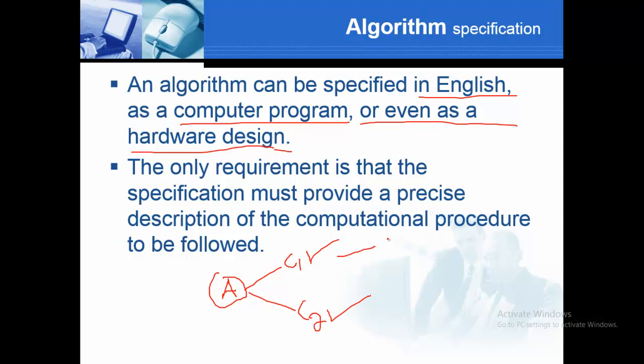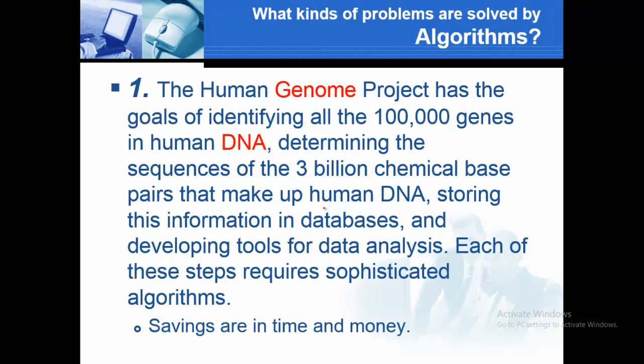For example, one is a very good computer and one is a less good computer, so both will run the same algorithm differently. The only requirement is that the specification must provide a precise description of the computational procedure to be followed. It's very important. Whenever you are writing an algorithm, you must specify that on this PC with this specification it will take this much time, and it will deal with that hardware like this. So you need to specify this while writing an algorithm.